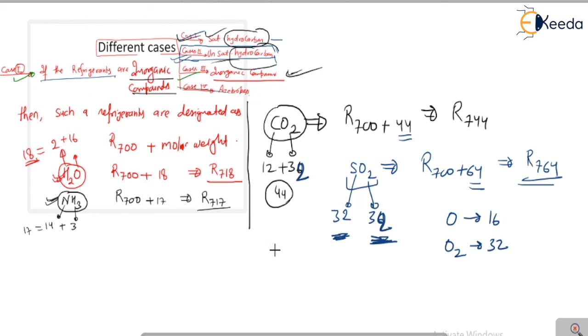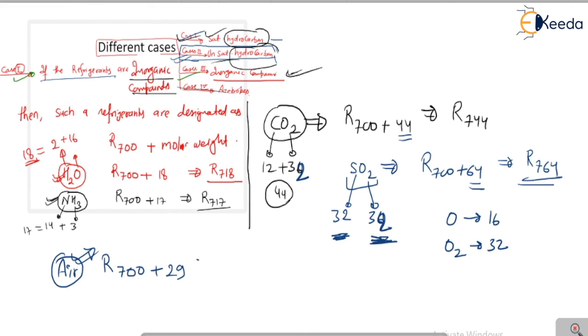Okay, now I'm sorry. And if we want to write air in a special designation form, so air is nothing but an inorganic compound. So if we want to designate air in a standard designation, you have to write R with suffix 700 plus the molecular weight of air. The molecular weight of air is nothing but 29.